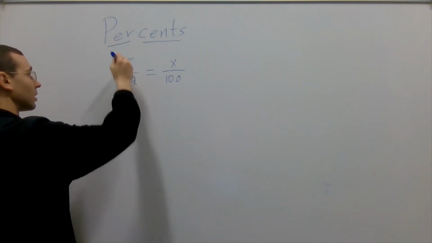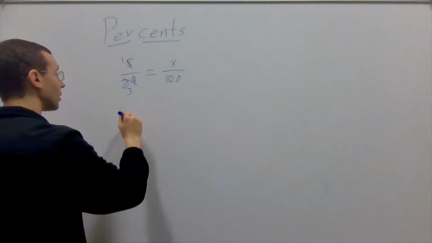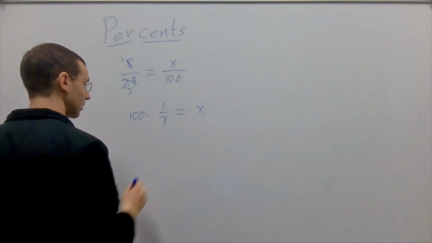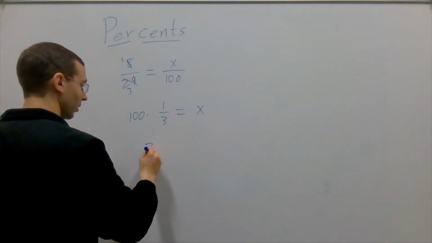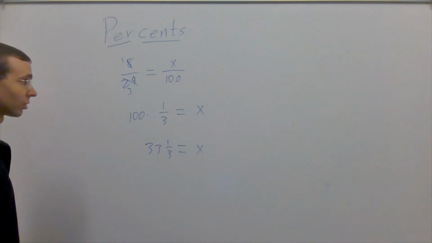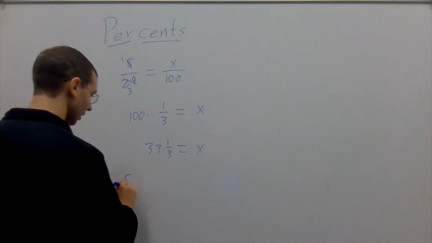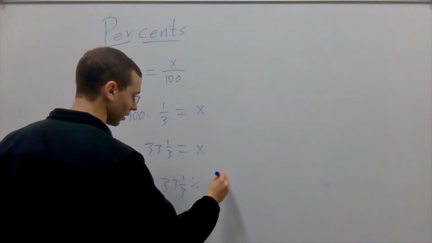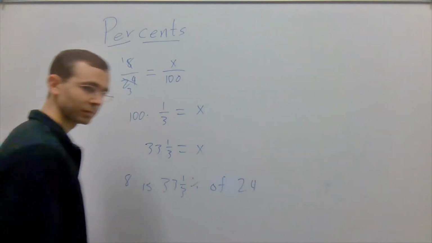Makes a lot of sense here. 100 times 1/3 equals x. So 33 1/3 equals x. So that is to say 8 is 33 1/3% of 24.